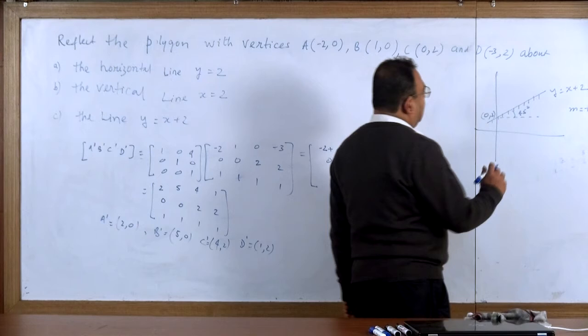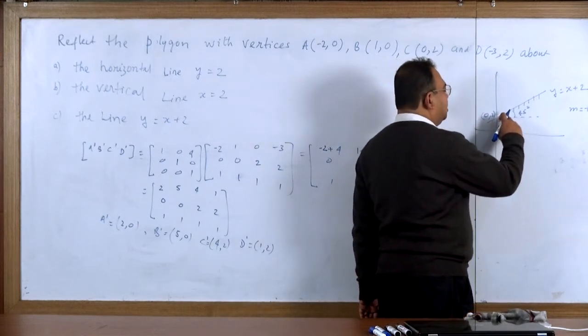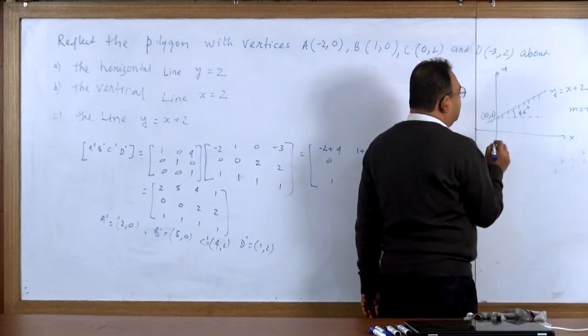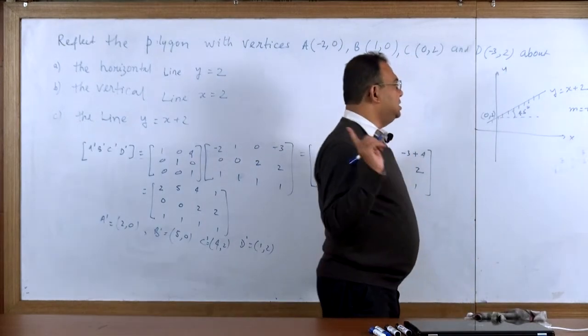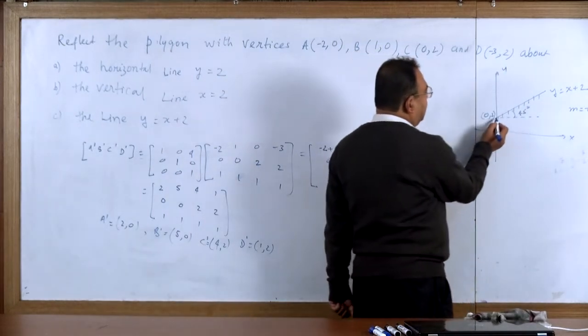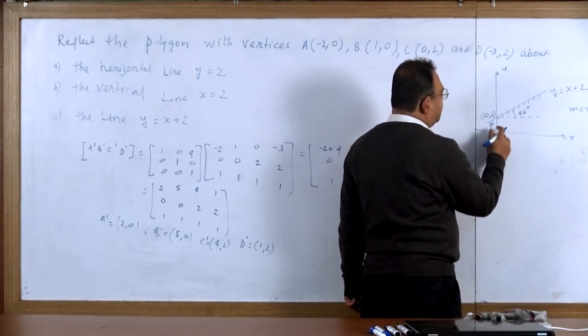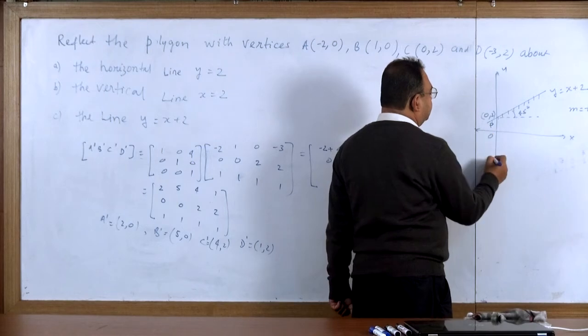So, here if we want to coincide with the x axis, this is x axis, this is y axis, then we have to give first a translation, so that this point, let this be P, coincides with the origin 0.